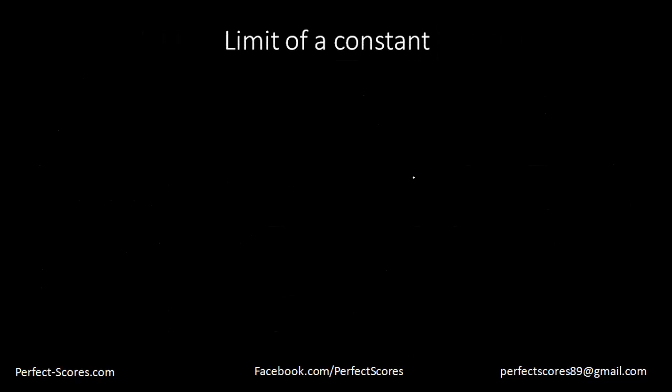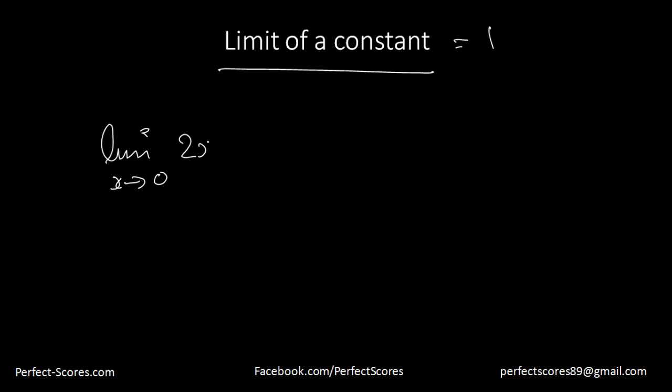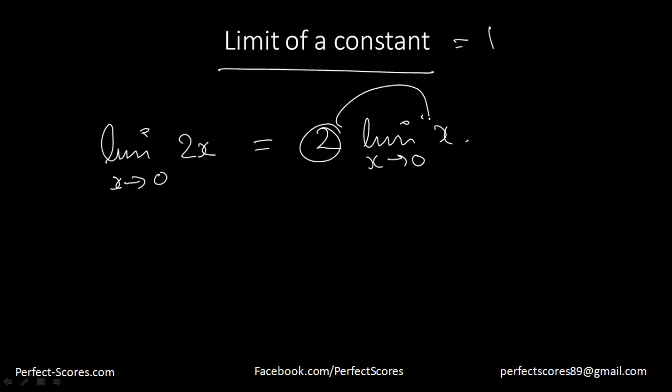Alright, now what is the limit of a constant? So if I say limit x tends to 0 of 2x, that will actually become 2 times limit x tends to 0 of x. This 2 can be taken outside because it is a constant.